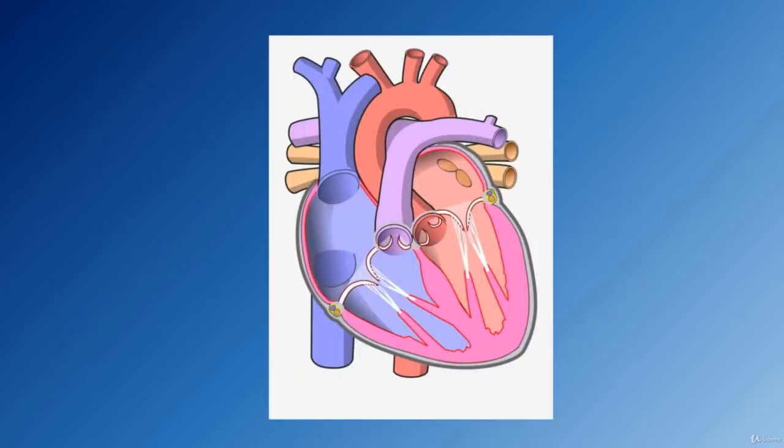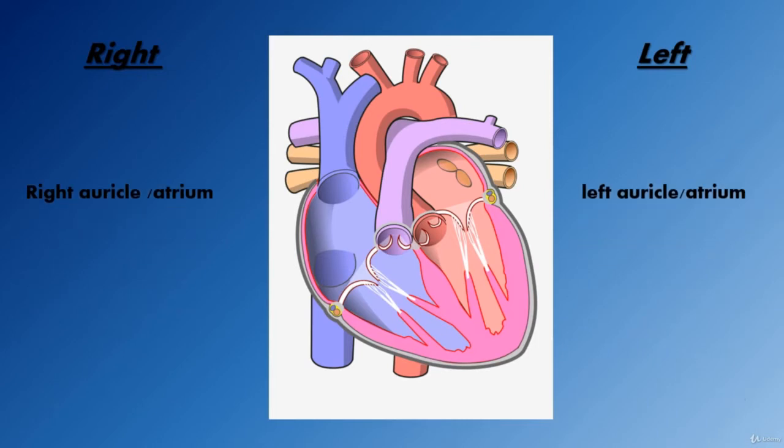So, our hearts are made up of two houses. The left one, which is presented here in the picture in red, and the right one, which is presented in blue. Each one has two bedrooms with a window in between. The first bedrooms in both the left and the right hearts are called auricles.